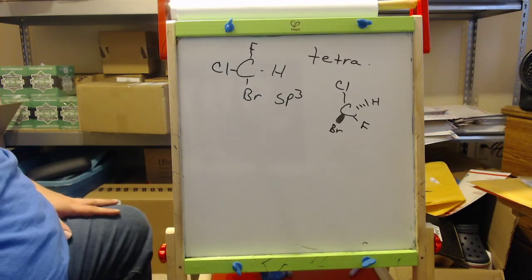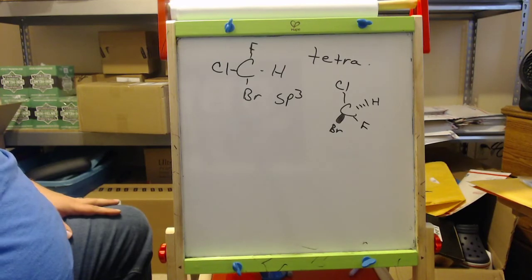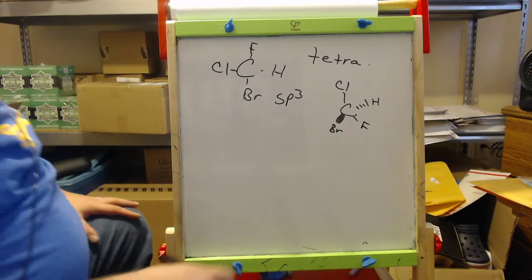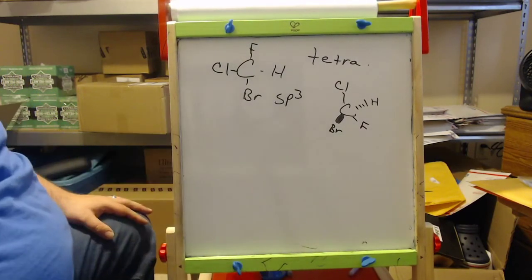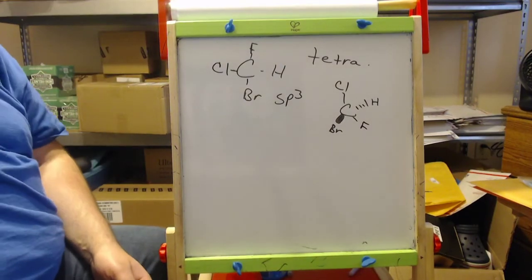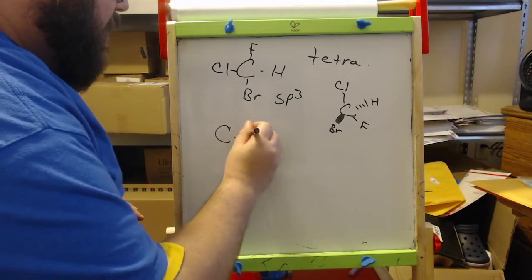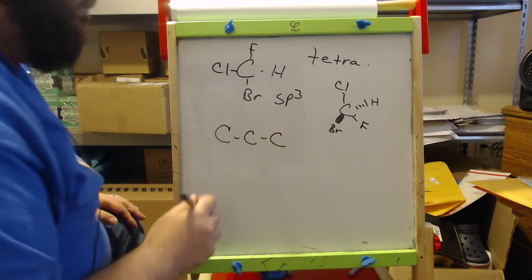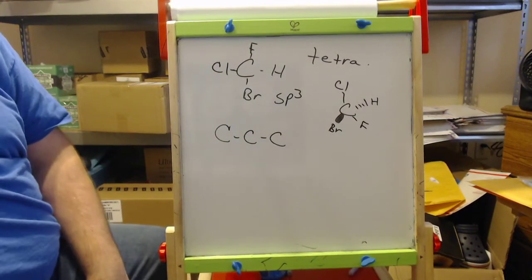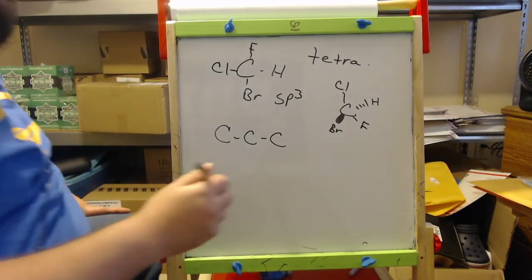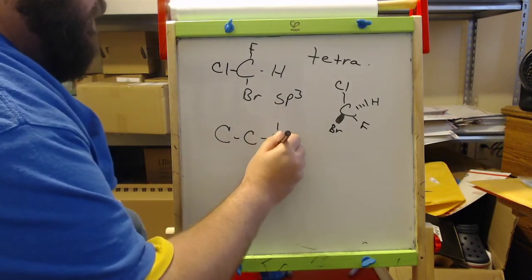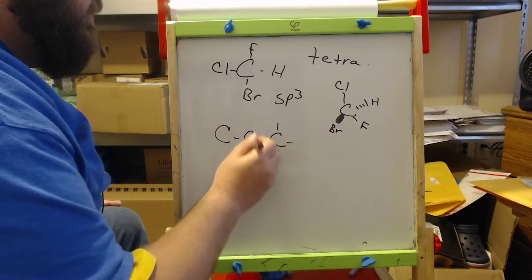Now, that being said, we're going to look at something called Newman projections. And what a Newman projection does, so let's say we're drawing a carbon chain out, like so. I don't care, let's just put some hydrogens there.